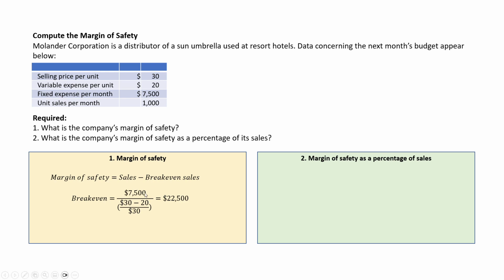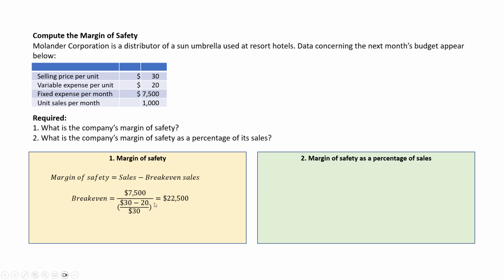That would be our fixed expenses in total, which is $7,500, divided by our contribution margin ratio. Recall that would be our contribution margin per unit, which is $30 selling price minus $20 variable cost, or $10, divided by our selling price of $30. I will note, if you go through the full problem, it says don't round your intermediate calculations.